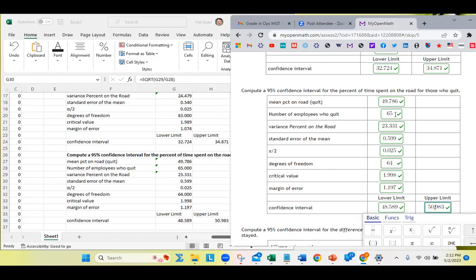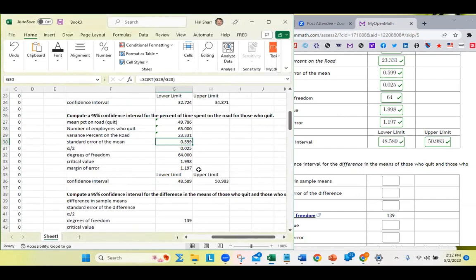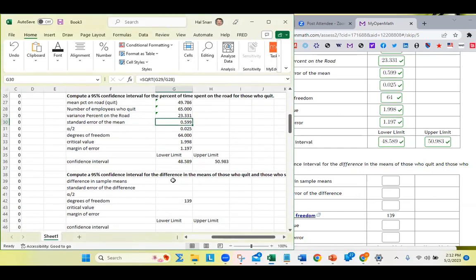So now we're going to do a difference in the means. Down here, when you're doing the difference in the means, all you have to do is subtract the smaller one from the bigger one.